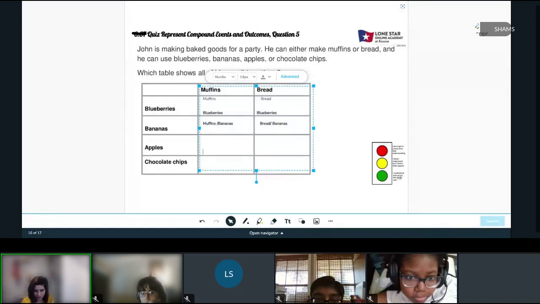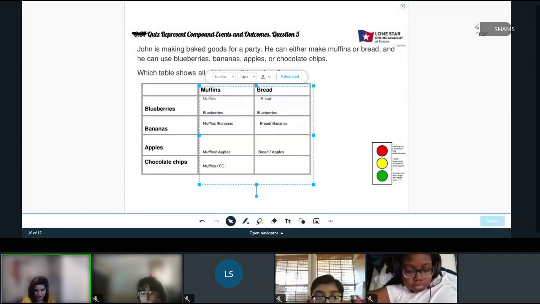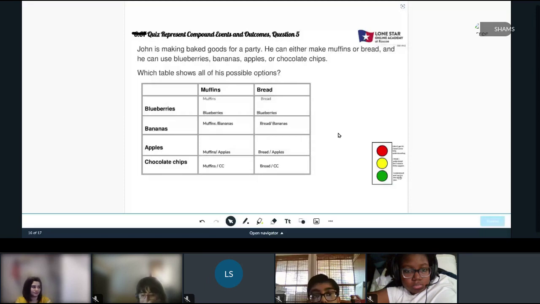We will do muffins, apples, and bread apples. Fourth one, muffins, chocolate chip. I'm going to put in chocolate chip like this, easier and quick, and then bread chocolate chips. This is how we can complete it.